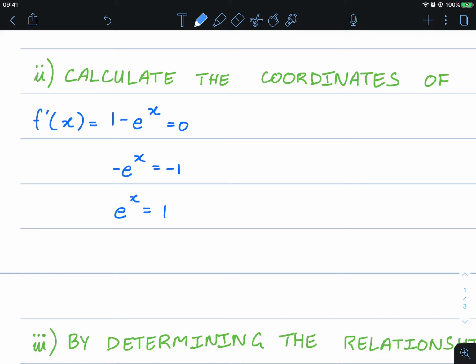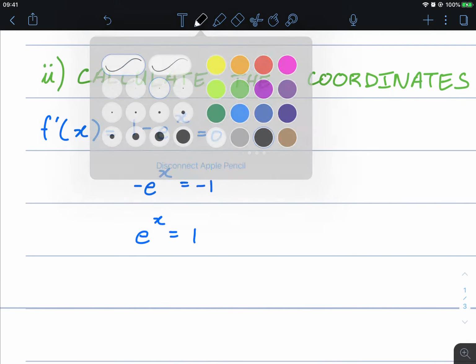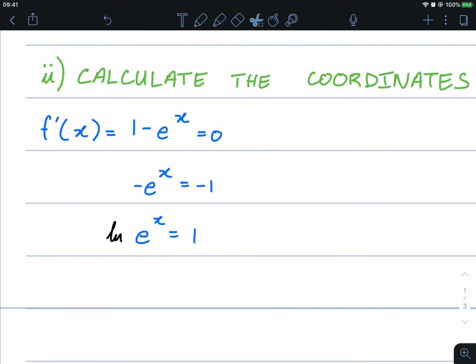For those of you who are astute, we can see that e to the power of 0 is 1, so we can say that x is equal to 0. But in case you didn't catch that, we can solve exponential functions by taking the log of both sides, so ln.